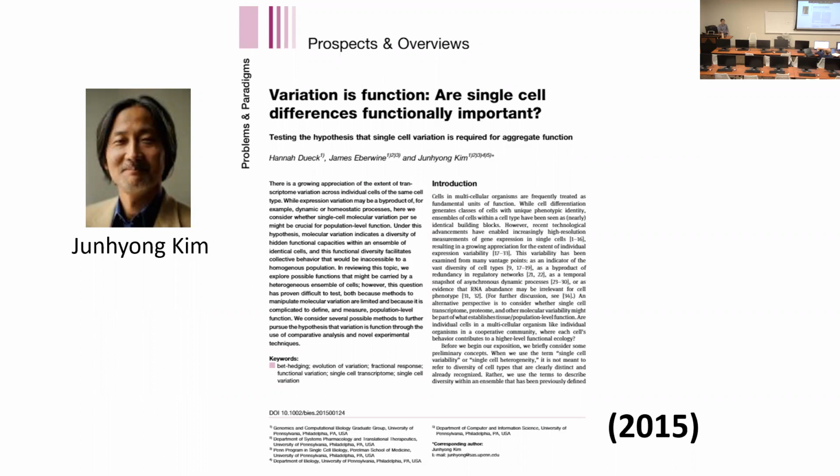It's a very strong statement, right? Their hypothesis is that single cell variation is required for aggregated function. So as a population, you need that variability in order to achieve that function as a group.